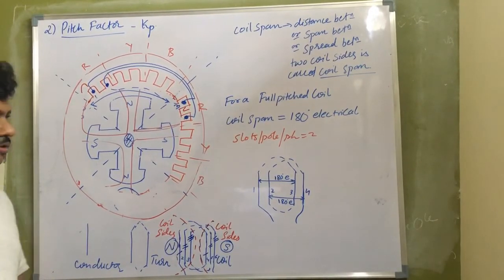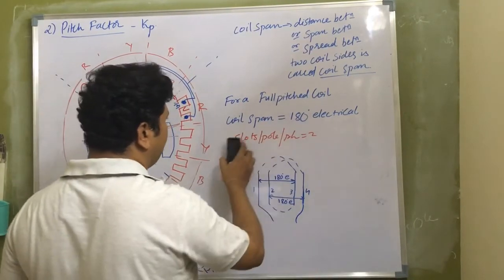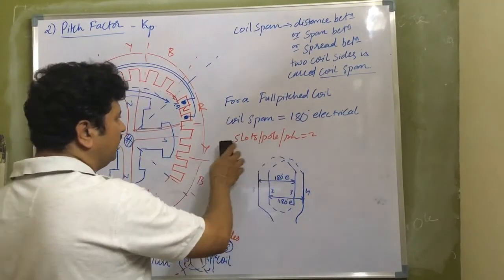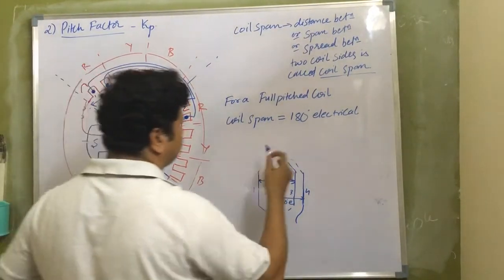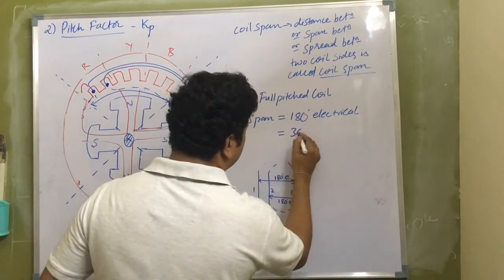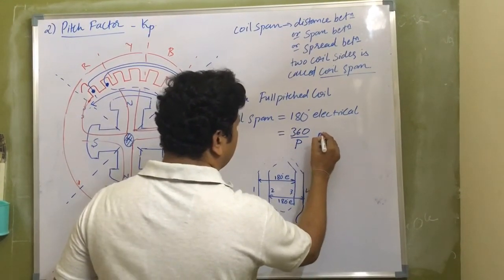So what pitch factor gives us is, for a full pitched coil, the span is equal to 180 degrees electrical, or 360 by number of poles mechanical.